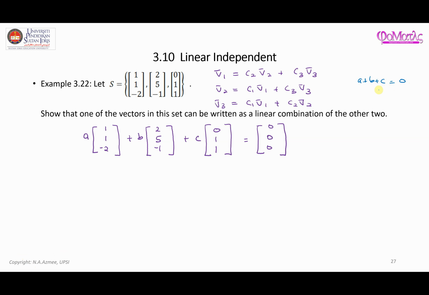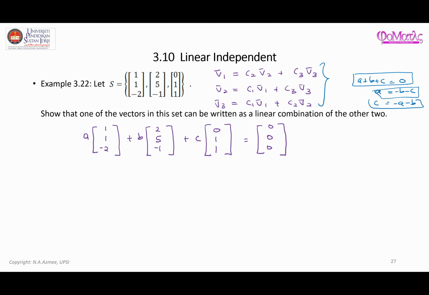For example, it is easier to express a in terms of b and c. So here is a in terms of b and c. Or you can also think about expressing, for example, c in terms of a and b. And this is what we are looking for in the context of having this set of vectors here.